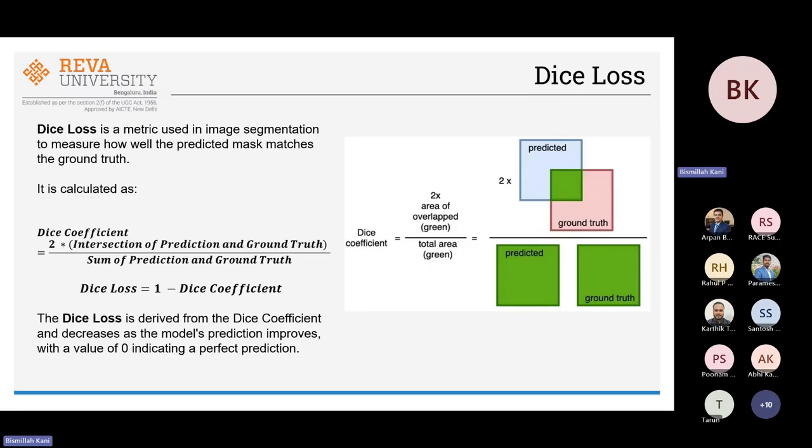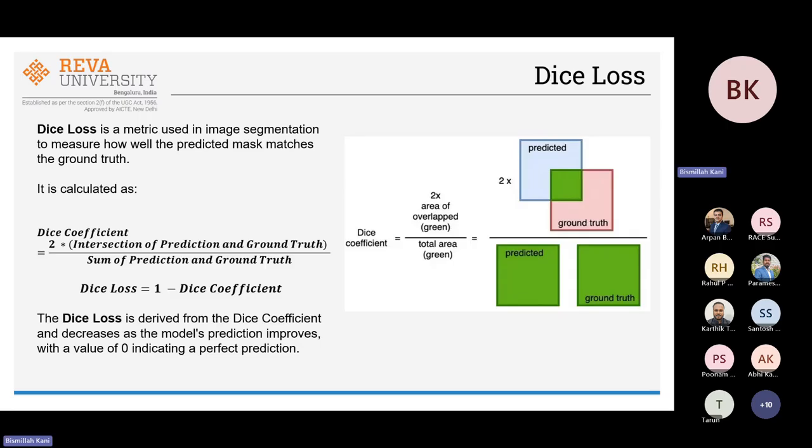It's also sometimes called the Jaccard index, if I'm not wrong. Basically, you have a ground truth mask and your predicted mask.